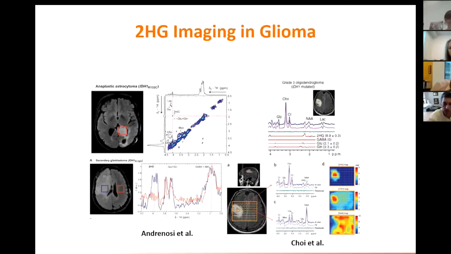The other example or effort I wanted to point out to you is molecular imaging. What you have in front of you here are measurements of the metabolite 2-hydroxyglutarate.